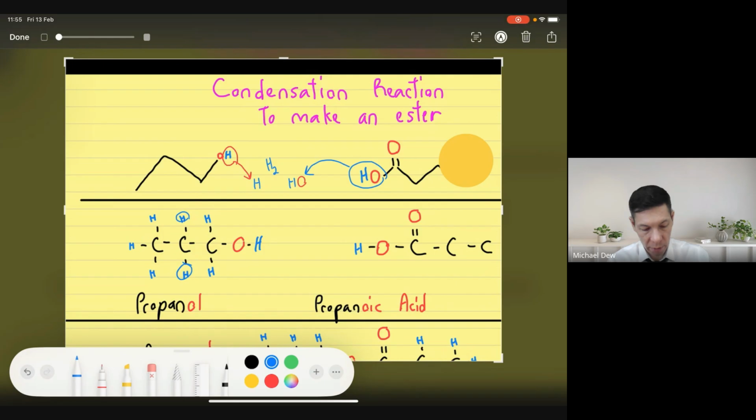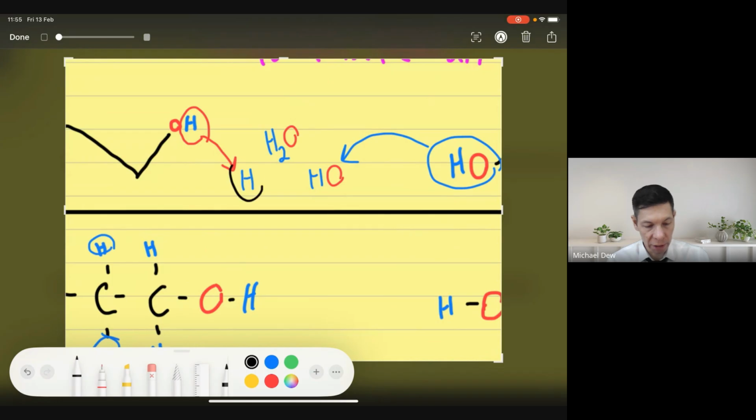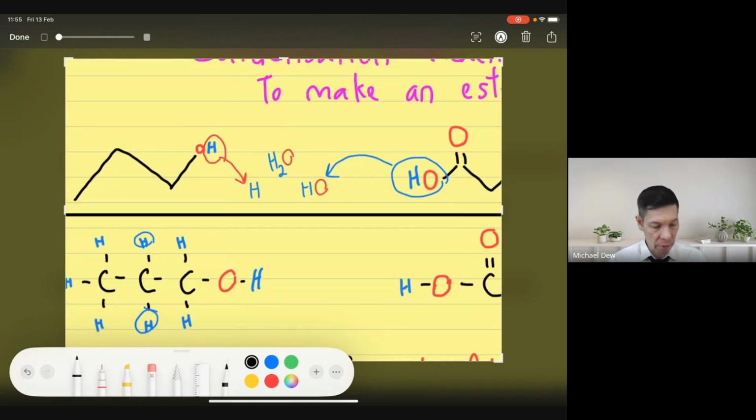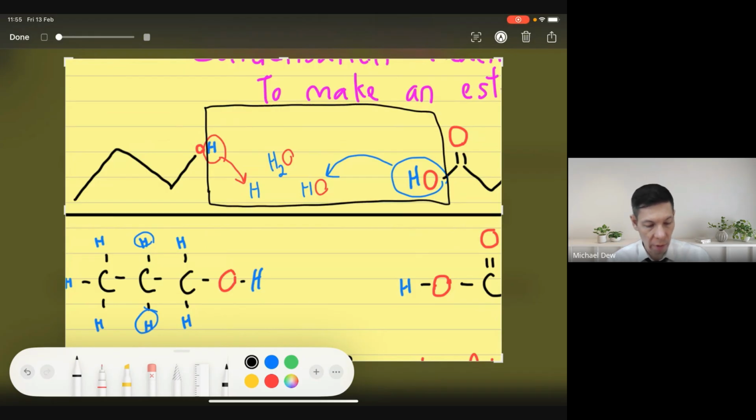How do we get H2O? If you look, we've got an H here and an OH. That's H2O. When those have been taken out, the part in the black box does not exist anymore. All of that is gone.